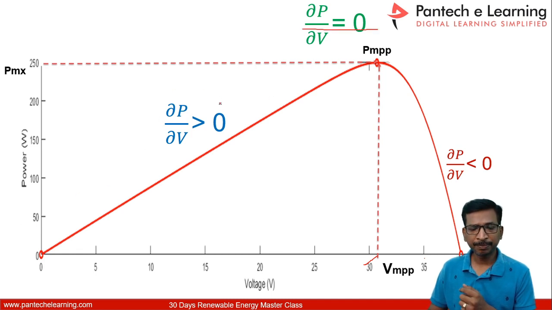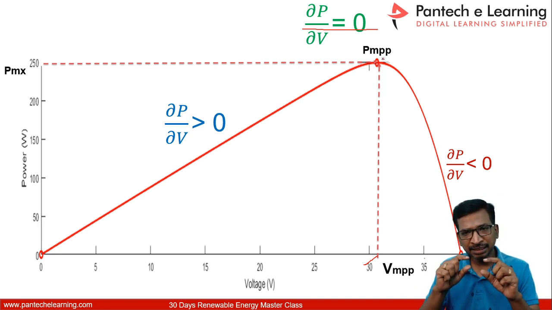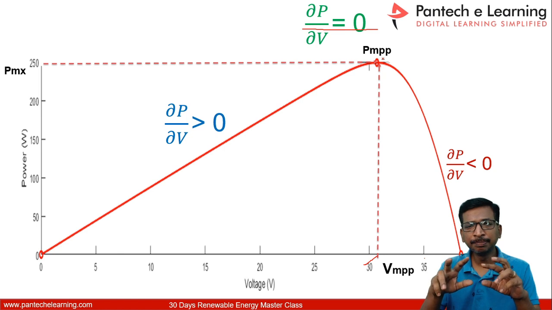So this is the positive slope, this is the negative slope, and this is the 0 slope. During that 0 point, we are at the maximum power point. So this is simple logic.